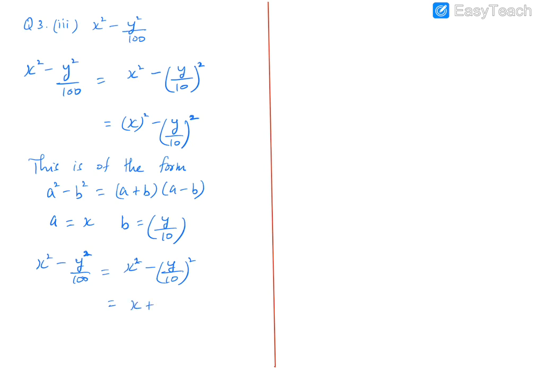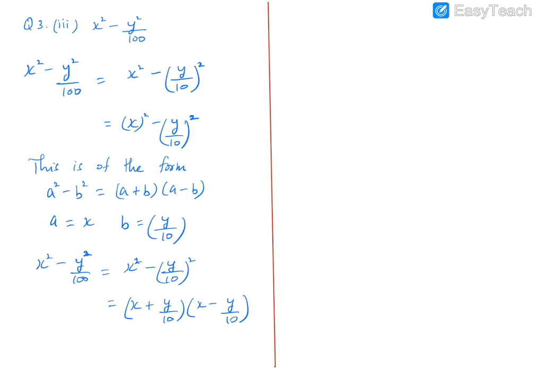So this is x plus y over 10 into x minus y over 10. So we have now got the factors of this particular expression, which are x plus y upon 10 and x minus y upon 10. The product of these two gives us this particular expression, x square minus y square by 100. Okay, so that's one more example.